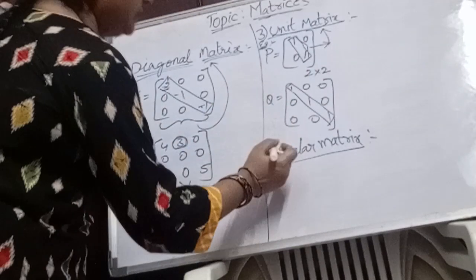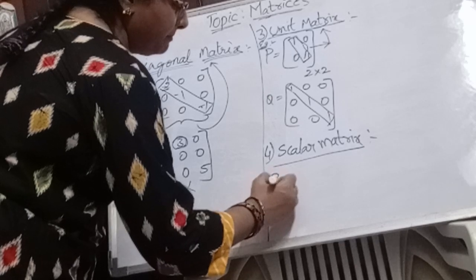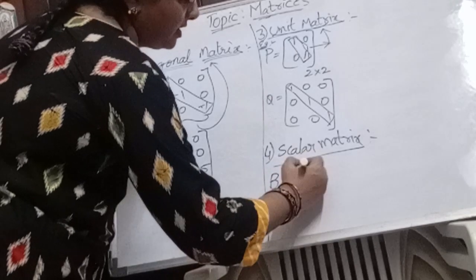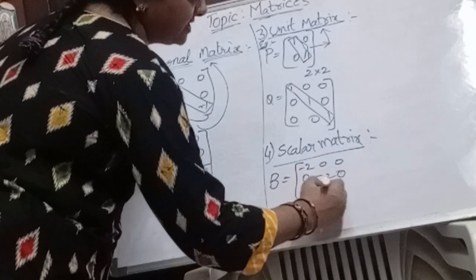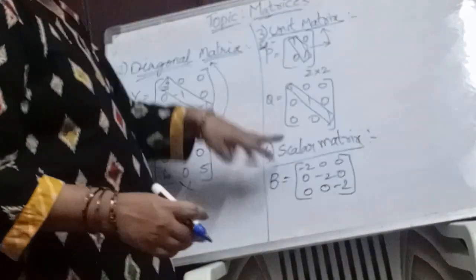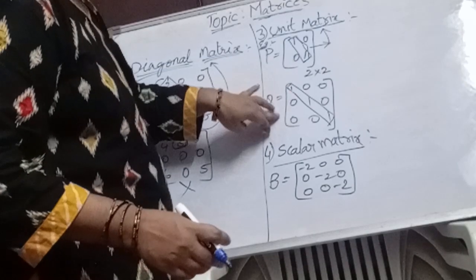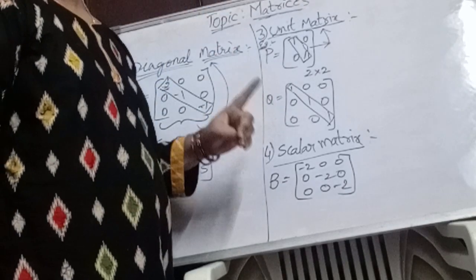Based on this, let us take one more example, B: minus 2 0 0, 0 minus 2 0, 0 0 minus 2. This is in the same mode as the unit matrix, but in a unit matrix the principal diagonal elements are ones, that is, the same number.